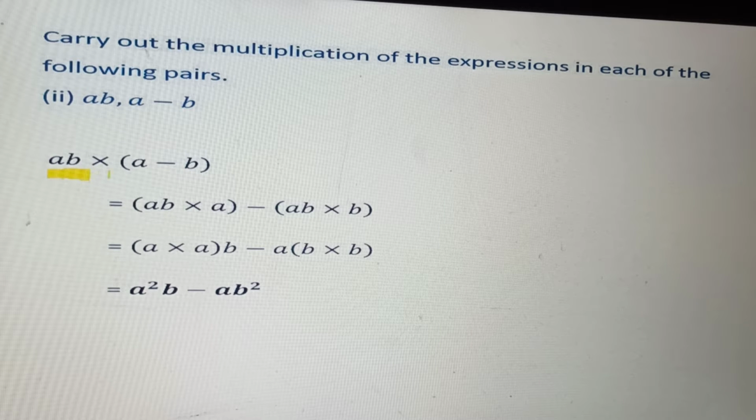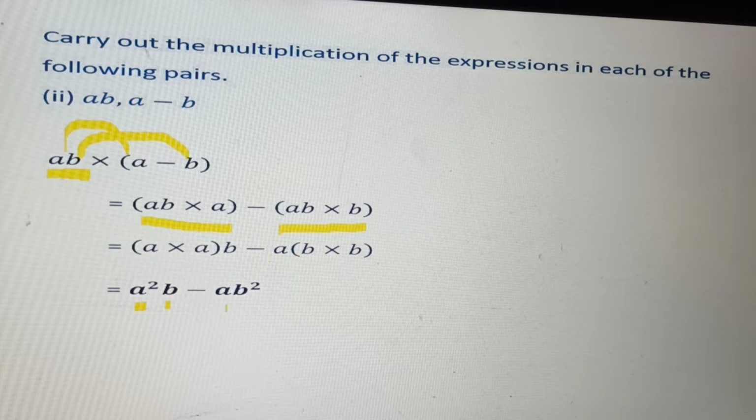Here AB is given and you have to multiply this AB into A minus B. How will we multiply? We have already studied the distributive property. AB should be multiplied with A and AB should be multiplied with B. So A into A is A square, and then B comes here.